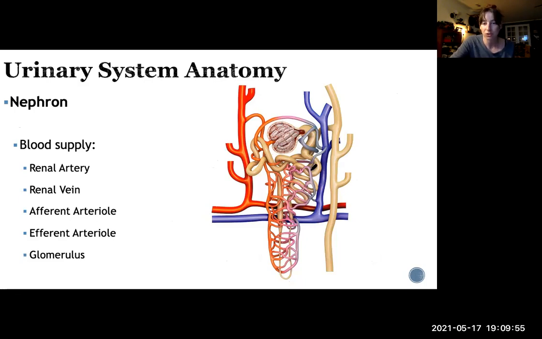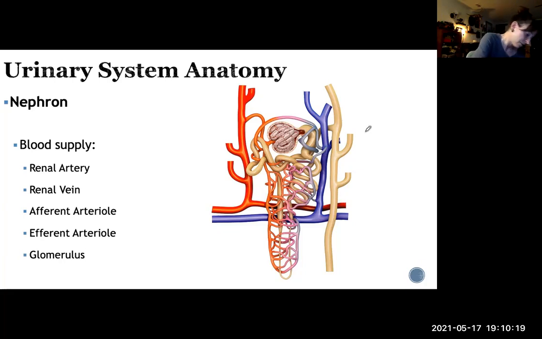That proximal convoluted tubule is still the part that comes off of the renal corpuscle. But you have to follow it to find the loop of Henle, which extends down to the medulla, and then the distal convoluted tubule, which is past the loop of Henle on its way to the collecting duct.